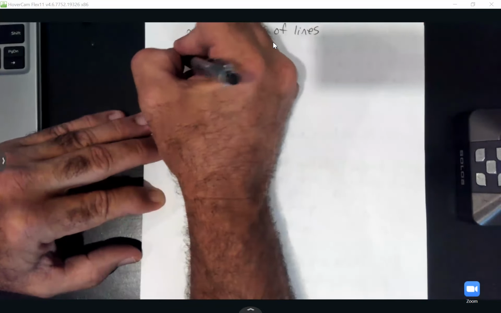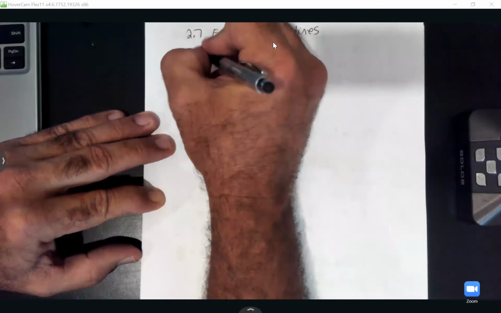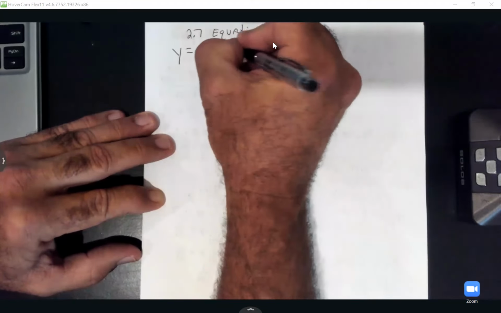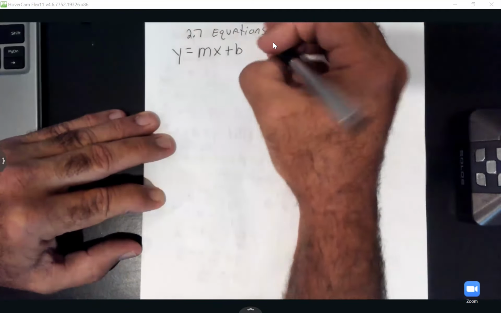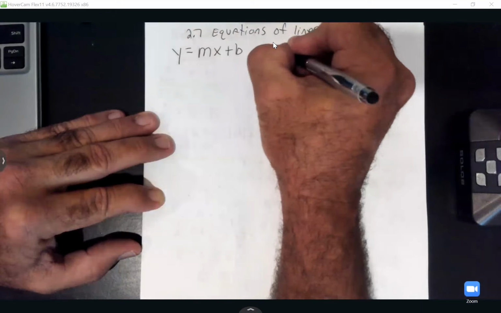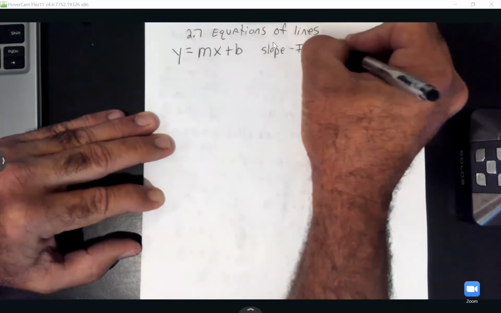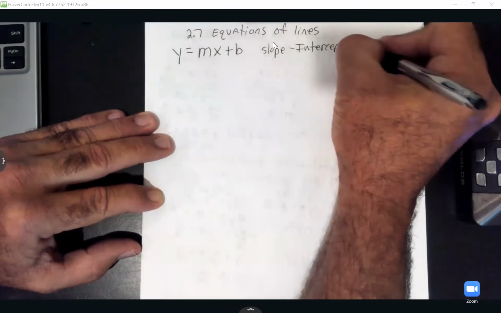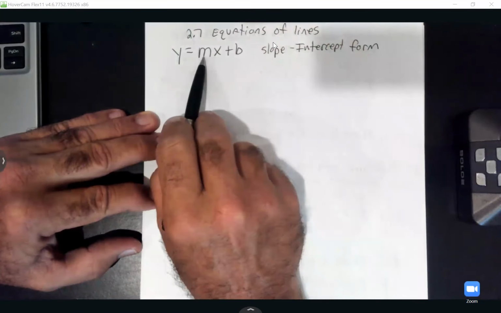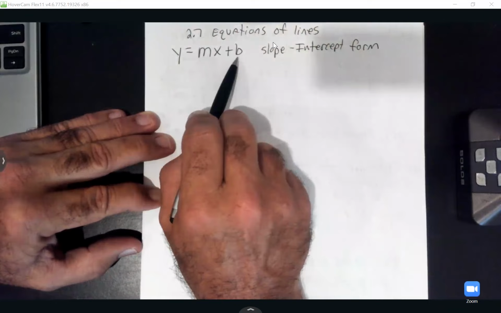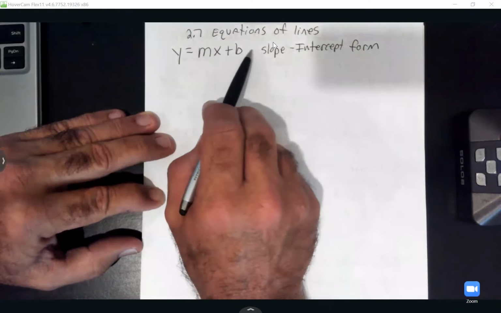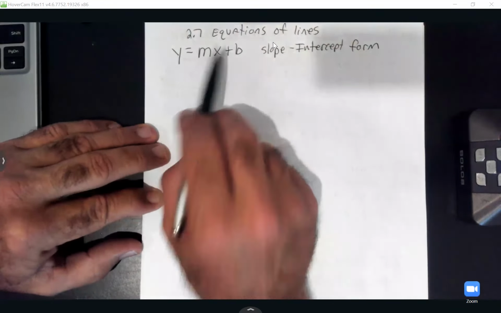Our first formula is the y equals mx plus b. This is called the slope-intercept form of a line. If I know my slope and I know my y-intercept, I can plug them right in and get my equation.